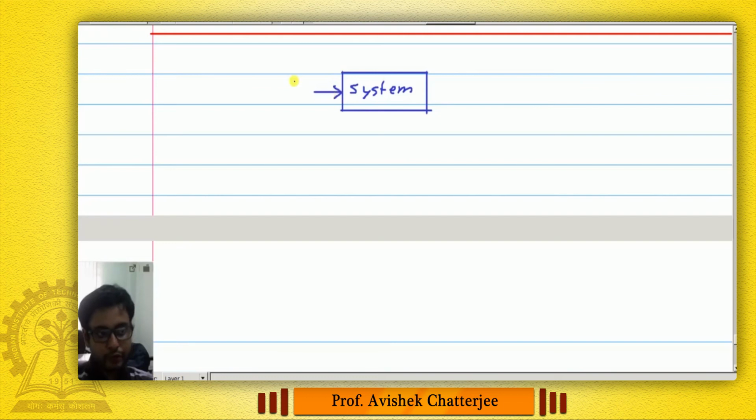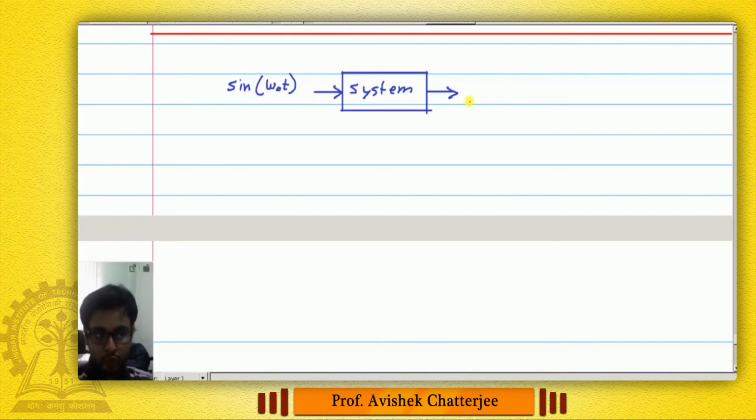We will give input of the form sine omega naught t or cosine omega naught t if you like, and then we will measure the output.